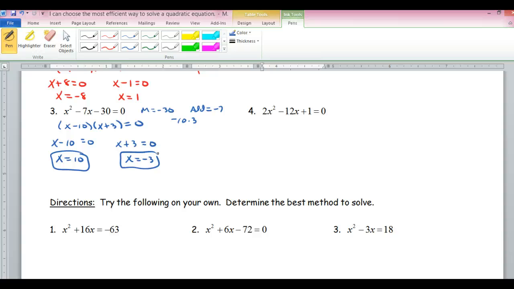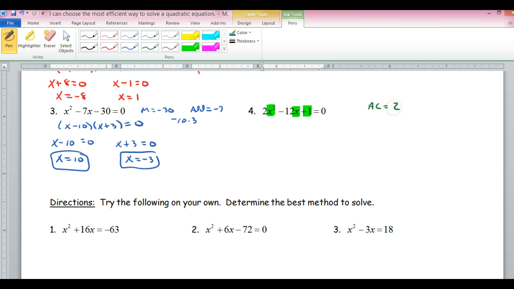Now, number 4. That problem is set equal to 0. We have an x squared term, we have an x term, and we have a constant. Again, square root method, not possible. But if we were to factor this, we would have to factor this using the AC method. So let's check to see if the AC method works right away. A times C is going to be 2 times 1.